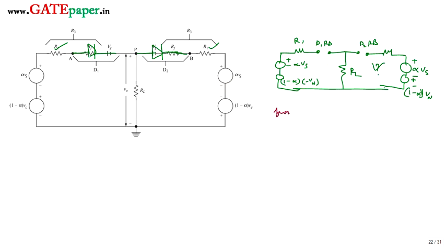so from KVL across diode D2, because D2 is given with positive polarity of Vn, so for D2 you can say the voltage across diode D2, Vd, is equal to minus alpha Vs minus 1 minus alpha times Vn.